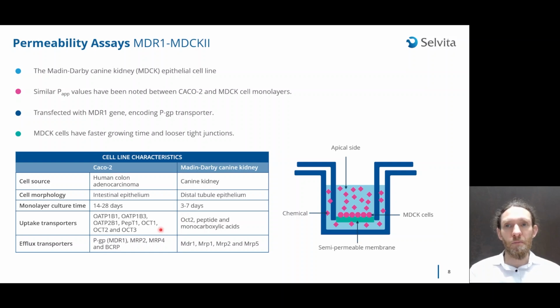Uptake transporters: CACO2 expresses every transporter found in the human intestinal epithelium. MDCK, most of them, not all of them. Efflux transporters, the most important being PGP, and other efflux transporters are expressed in CACO2, and those transporters were also transfected into MDCK cell lines to be expressed.